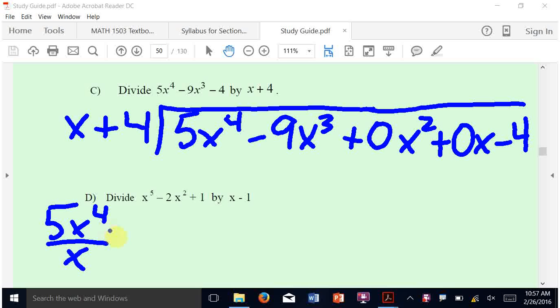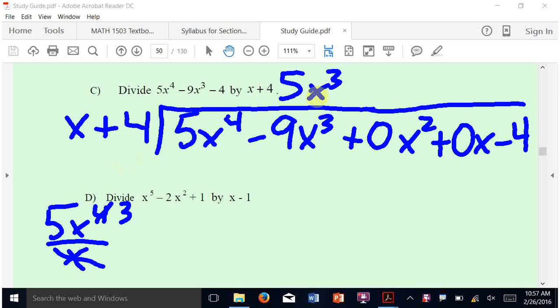So 5x to the 4th divided by x, well, an x goes away from the top and from the bottom. Okay, so then you're going to write 5x cubed, the result of dividing 5x to the 4th divided by x, up here.